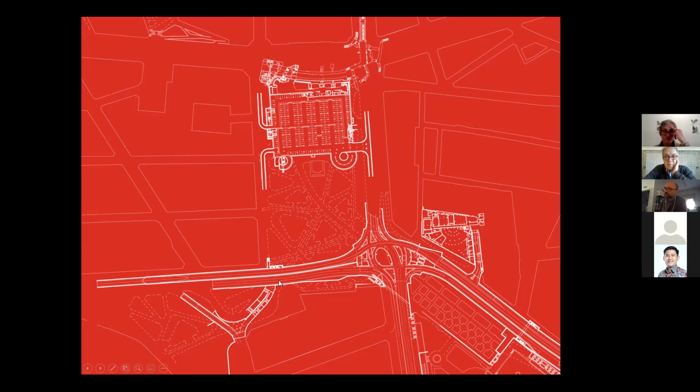Here we have a previous tunnel, which was also thought for traffic to go this way, and because all this is pedestrian now, we reduce it to a building. So we use it as a building for the cleaning services. So let's see the plan.